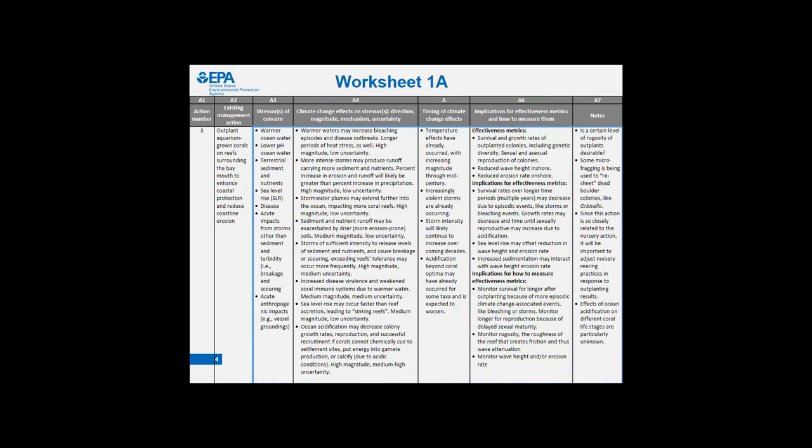Looking now at column A3, the stressors of concern. The warming ocean temperature is certainly something we're experiencing and have expectation that's going to continue. Lower pH, more acidic water. Another stressor, terrestrial sediment and nutrients.